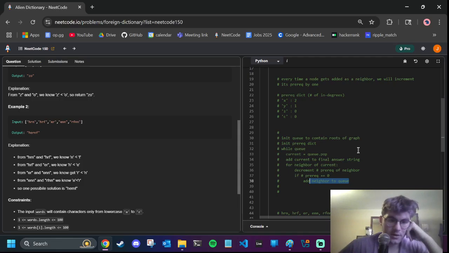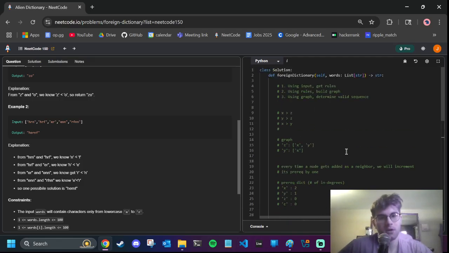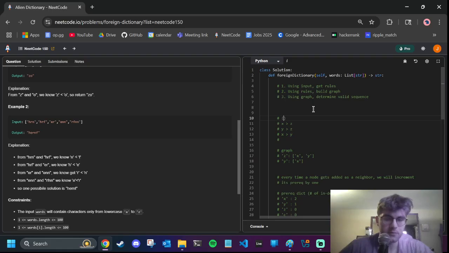All right. Okay. So now, what are the inputs? Yeah, so we need to get these rules. So how do I want to represent these rules? Probably as tuples, where we would just have the smaller one and then the larger one.